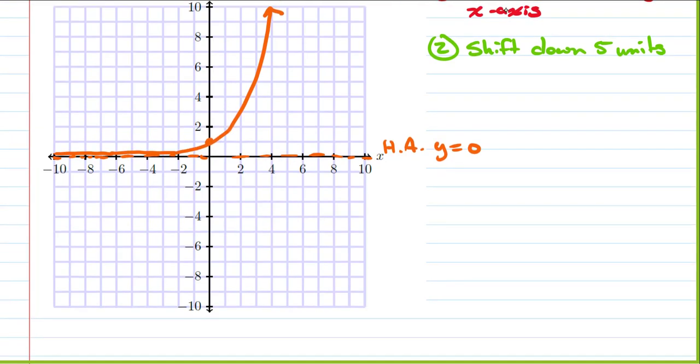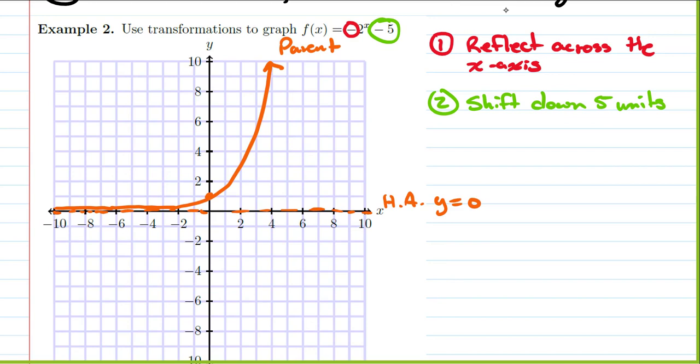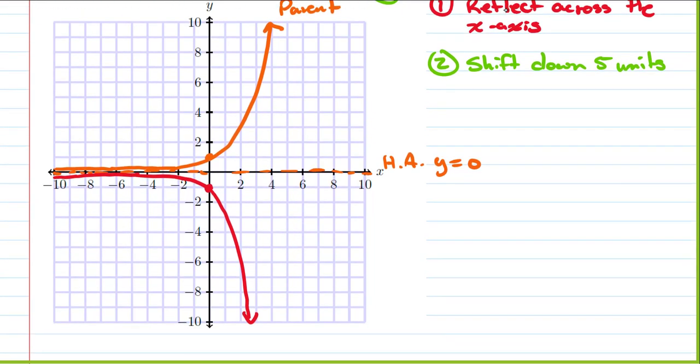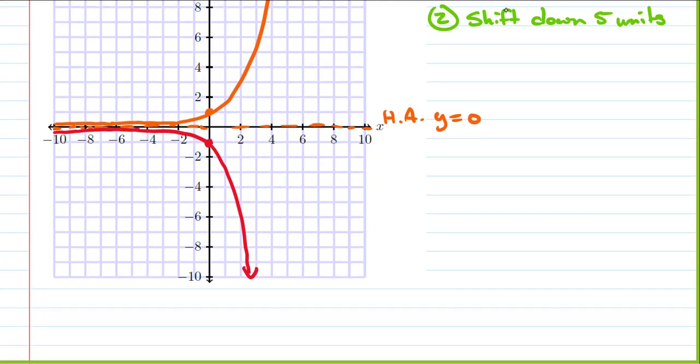So first thing we're going to do is reflect. If we reflect the point 0, 1 across the x-axis, it becomes 0, negative 1. A reflection does not move the horizontal asymptote. That's our first thing. Now step 2 is we're going to shift it down 5 units.